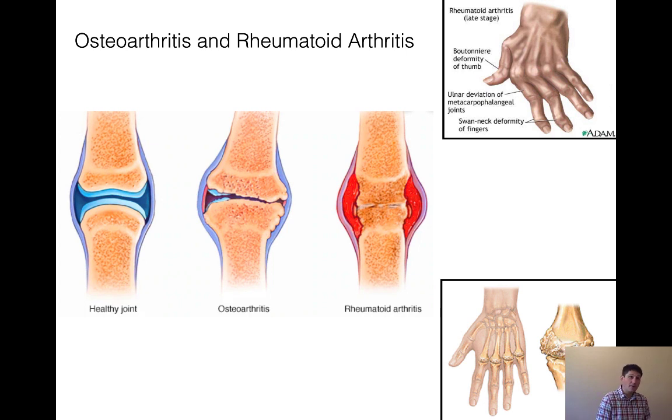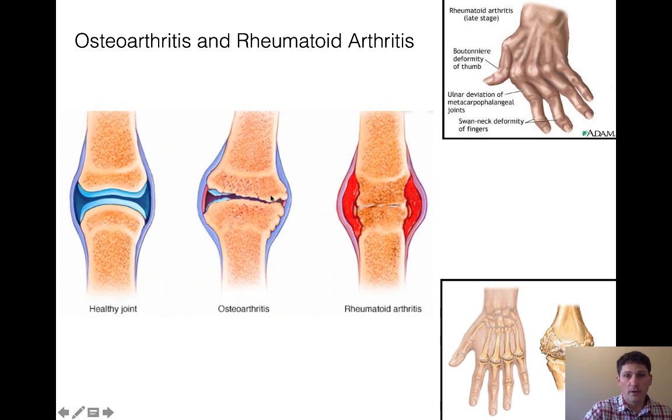Then we have osteoarthritis and rheumatoid arthritis. So if we look here, we've got our healthy joint surrounded by our synovial cavity, our connective tissue membranes that is producing the synovial fluid that lubricates the hyaline cartilage on the ends of our long bones, so that we have this nice reduced friction environment.